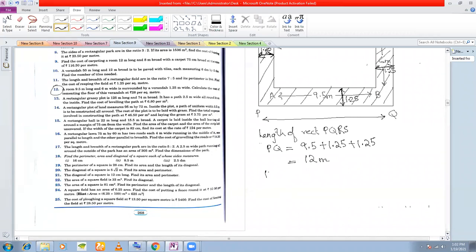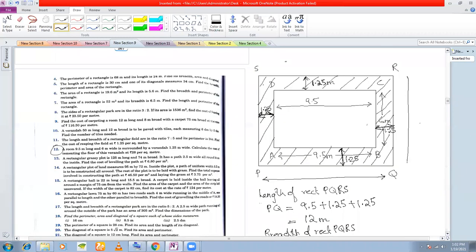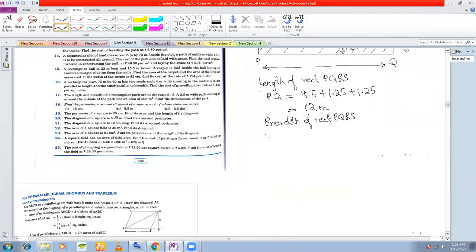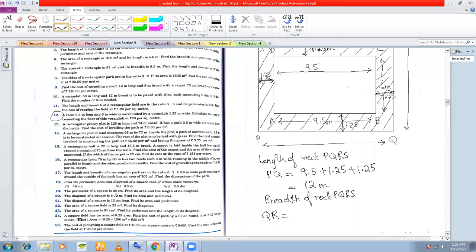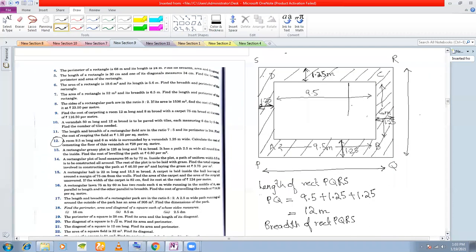Let us now see the breadth of rectangle PQRS. When you're talking about breadth, we are talking about this QR, right? And how much is QR? QR is this length, which is given to you.